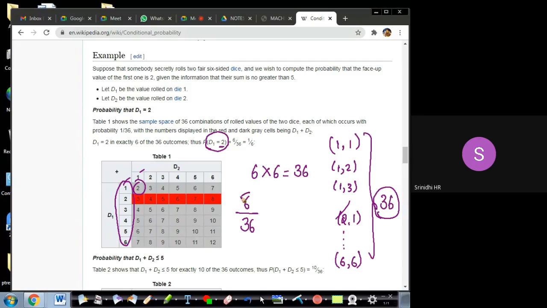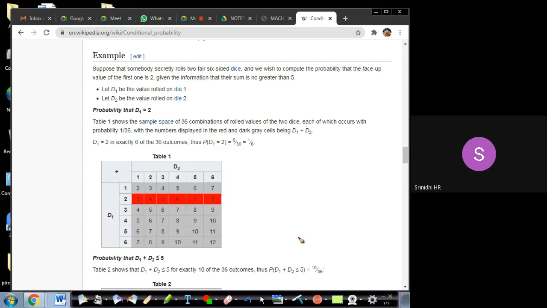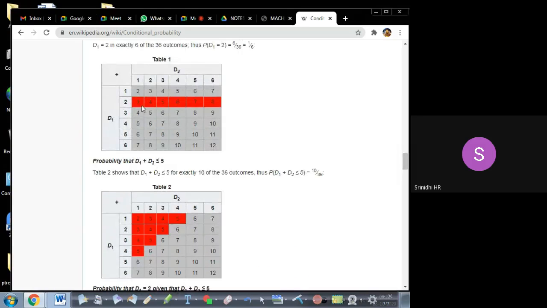So 6 is the number of possibilities for die 2, and in that 6, he is taking only one. If I divide this, it becomes 1 by 6. So for this it is done.